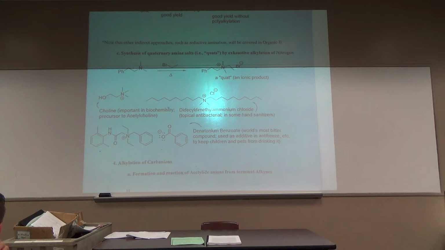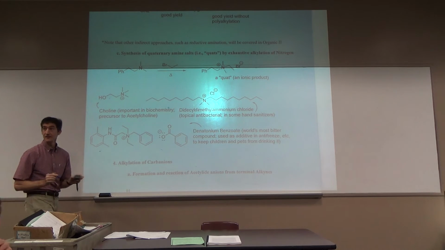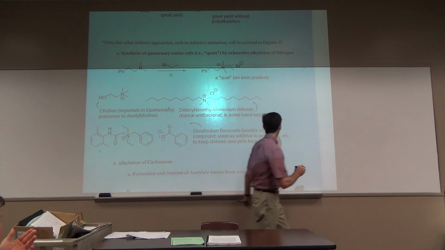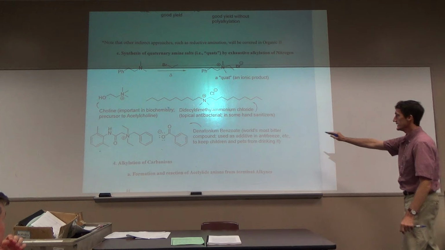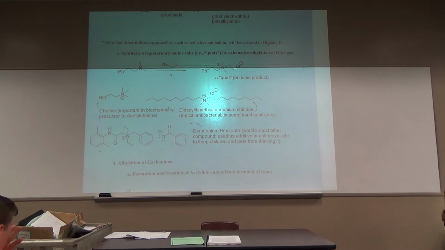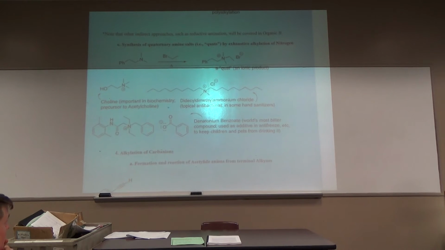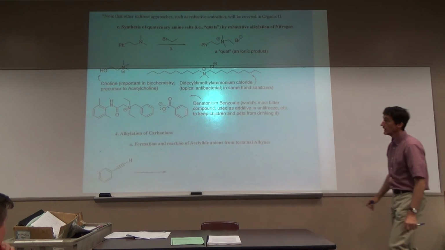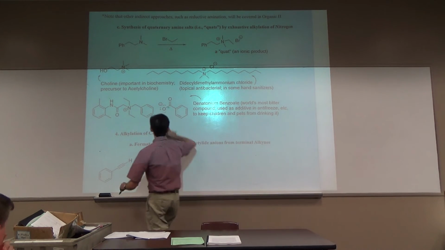But nowadays they put something like this in the antifreeze and the cat starts drinking it and it's like, I don't want to drink that. Too bitter. You can read it: keep children and pets from drinking antifreeze. Variety of uses for bitter compounds. Good uses. Probably don't want to cook with them or anything.